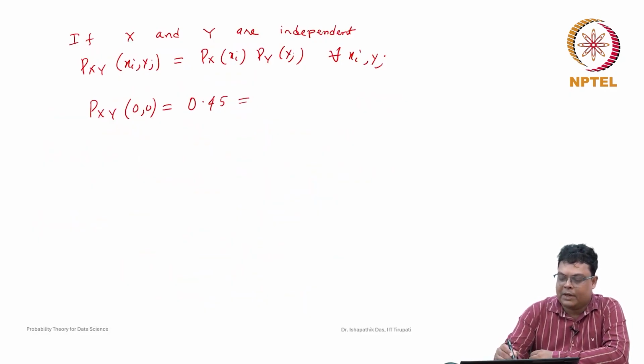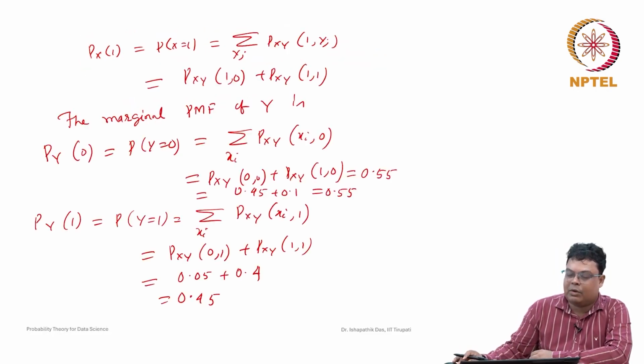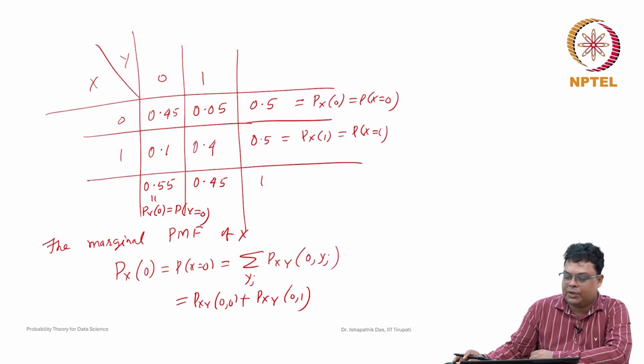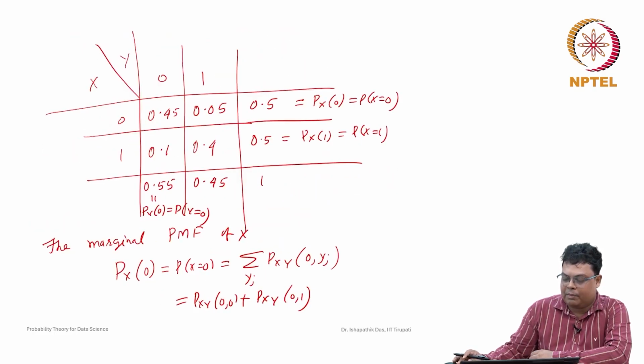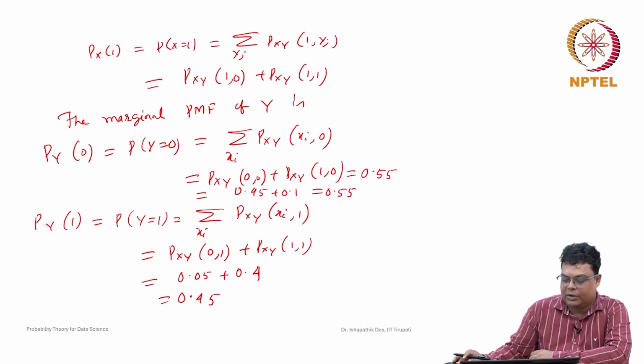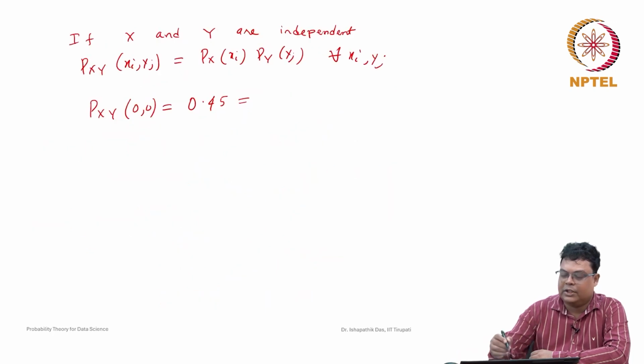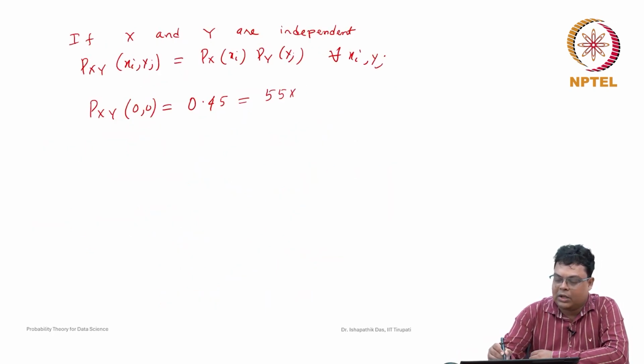If it is equal to px(xi) into py(yj), px(0) is 0.5 and py(0) is 0.55. So this should be px(0) into py(0), that is 0.5 into 0.55.